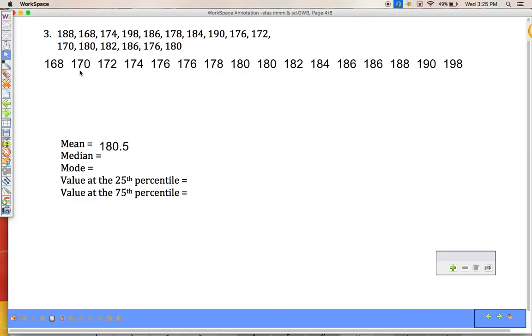There's 16 terms, 2, 4, 6, 8, 10, 12, 14, 16 terms. All right, my median, 1, 2, 3, 4, 5, 6, 7, 8, is going to be between 180 and 180, 1, 2, 3, 4, 5, 6, 7, 8. So my median is going to be 180 also.